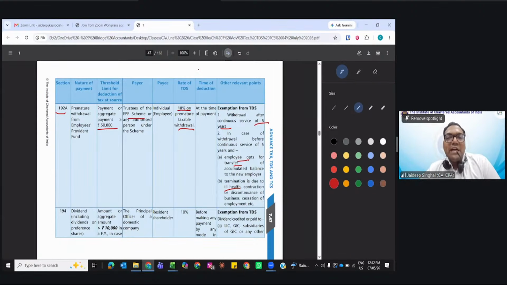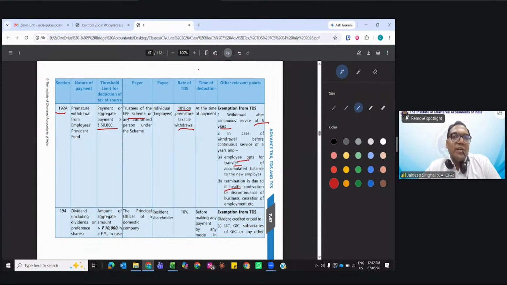Now I'll tell you my personal case. I became a chartered accountant, and after that I joined a company. I worked there for 2 years and my PF was deposited. After that I took up one more job, but in total my job was of 3 years only.